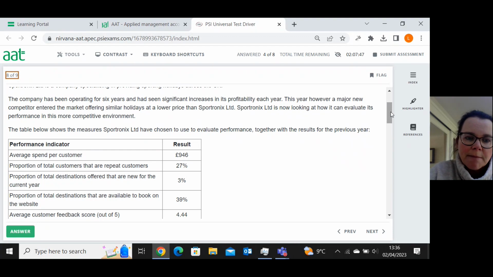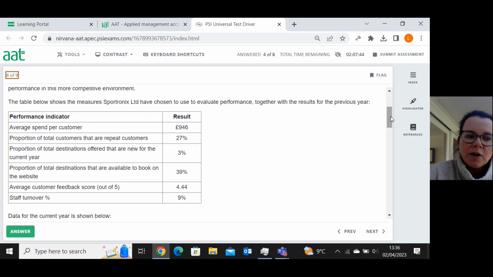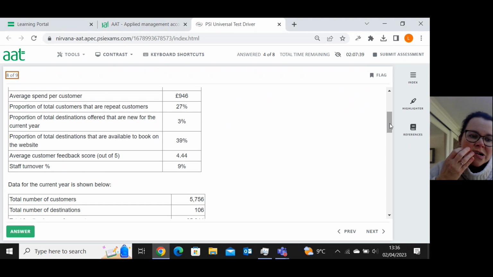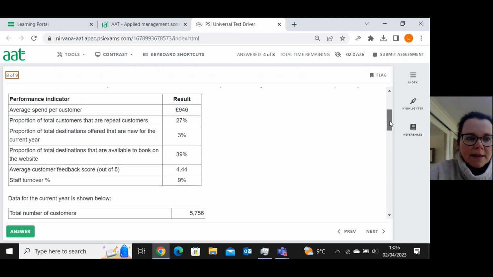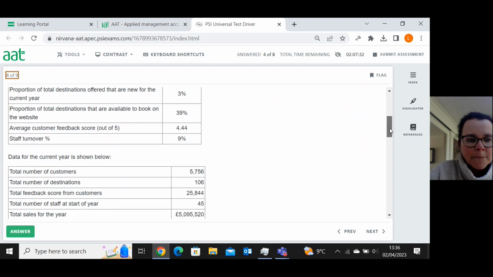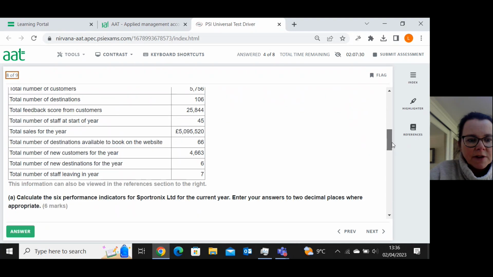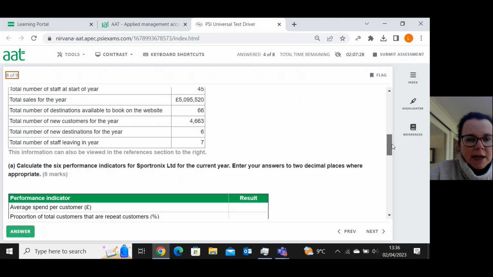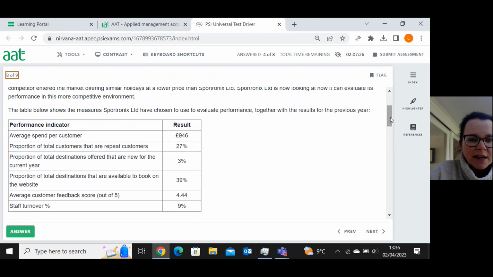The table below shows the measures that they have chosen to use to evaluate performance, together with the results for the previous year. So these must be the previous year's figures. Average spend per customer, 946. Proportion of total customers that are repeat.